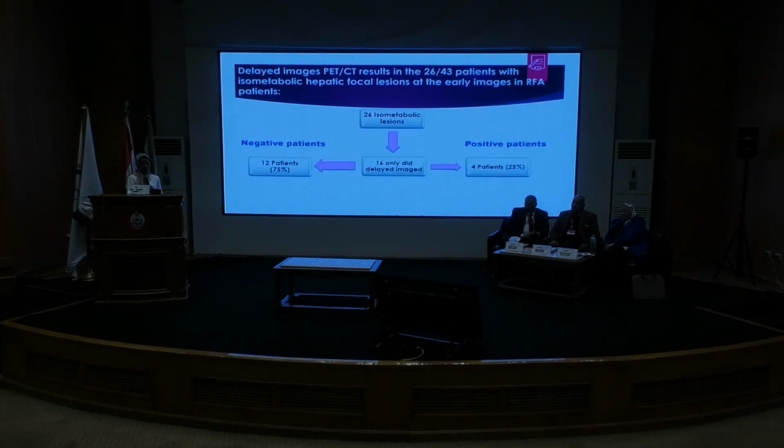Out of the 43 studied patients, 26 patients had isometabolic lesions, and only 16 of those patients underwent delayed images. 4 of those patients showed positive images at the delayed scans, while 12 patients had negative results.